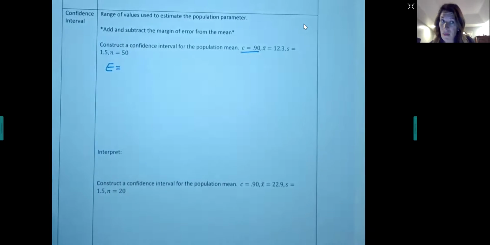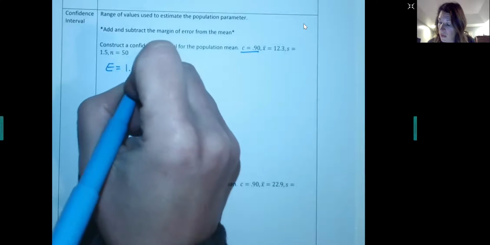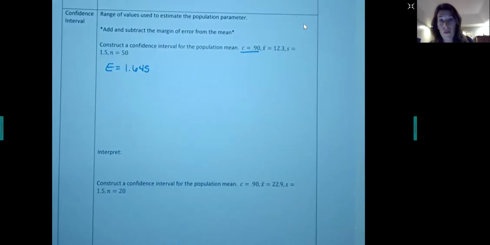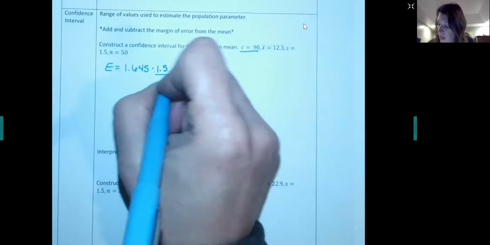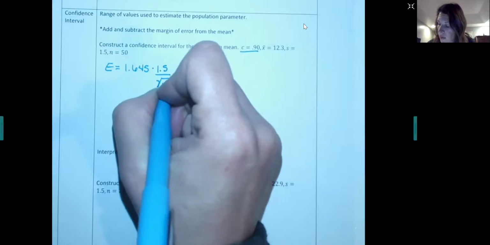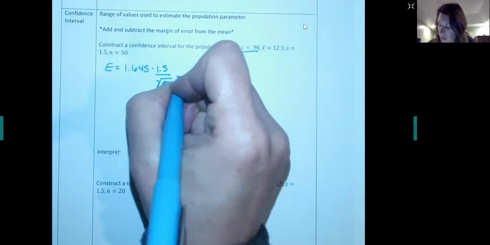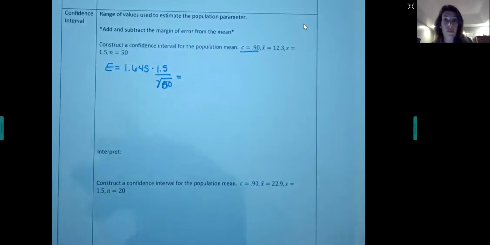So my margin of error is my z-score, 1.645, that corresponds to my C. Then I multiply it by my standard deviation, 1.5, and I divide it by the square root of n, which is 50.